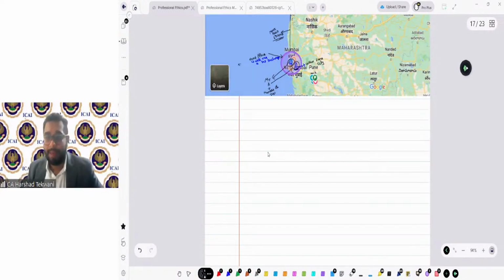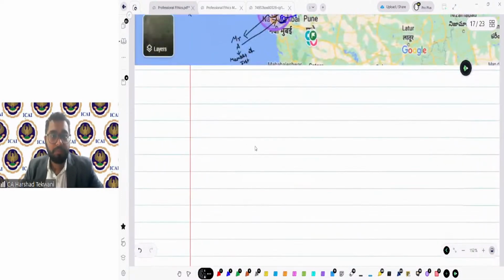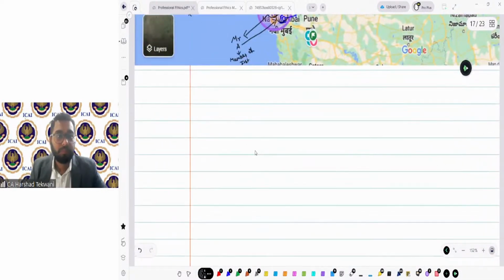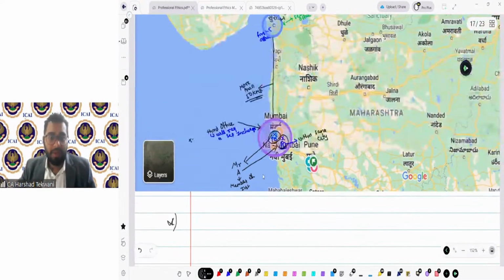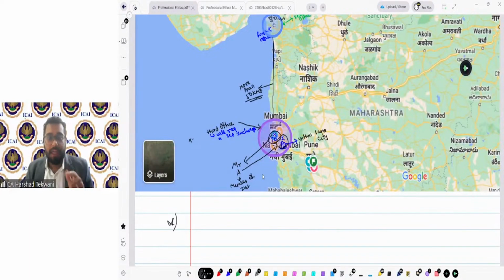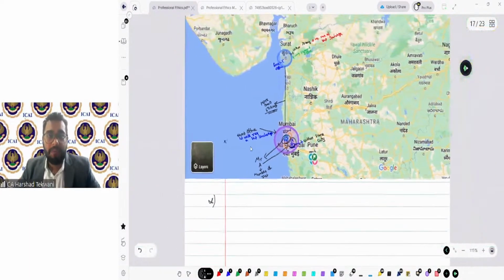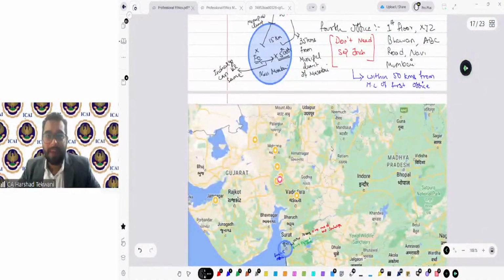Okay, so for example, let's say Mr. A in this case is in charge of two Mumbai offices, but he himself resides somewhere, let's say in Udaipur.